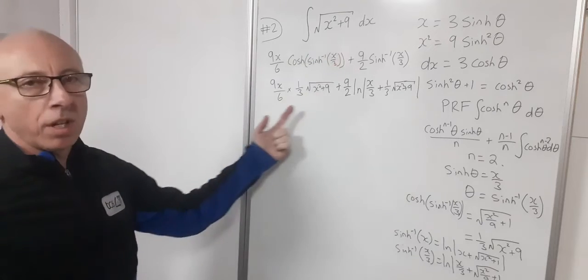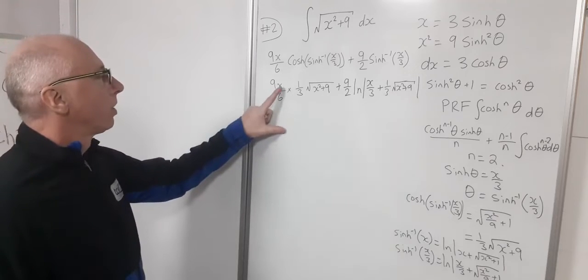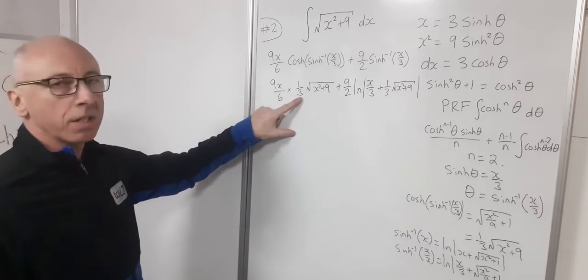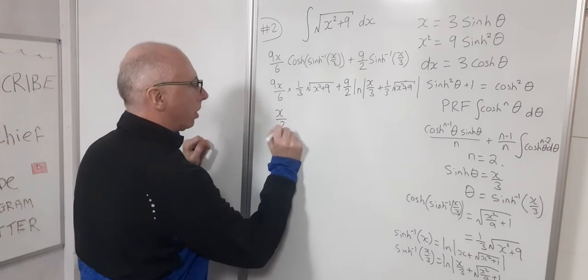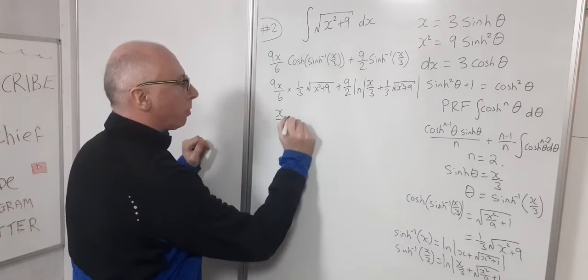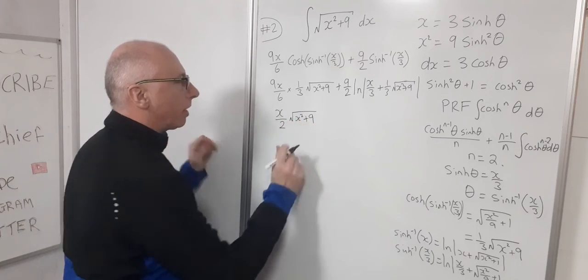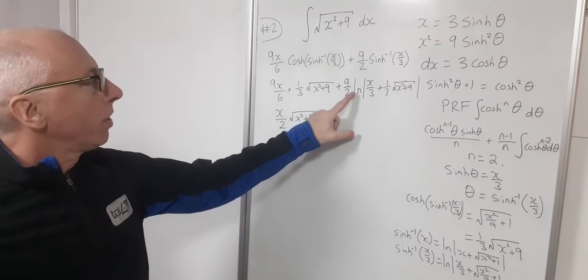Now I need to simplify this and see if I can come to some sort of conclusion. So now I'll have 9x times 1 divided by 6, 3s are 18. So now I've got x over 2, and on top, multiplied with that, I've got the square root of x squared plus 9. So that becomes that.